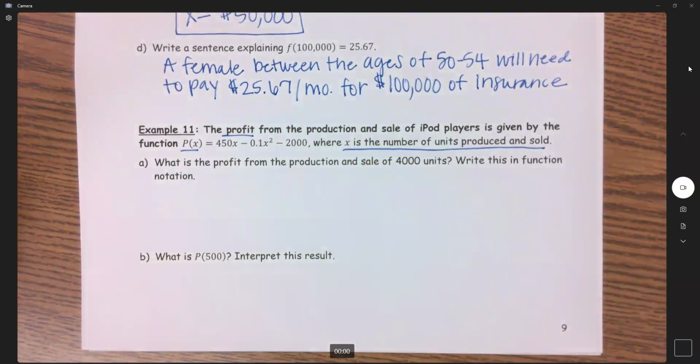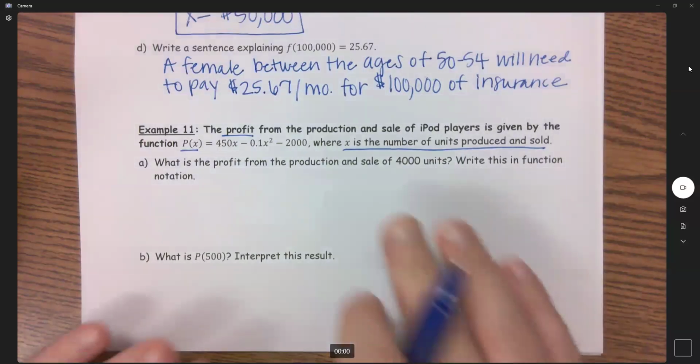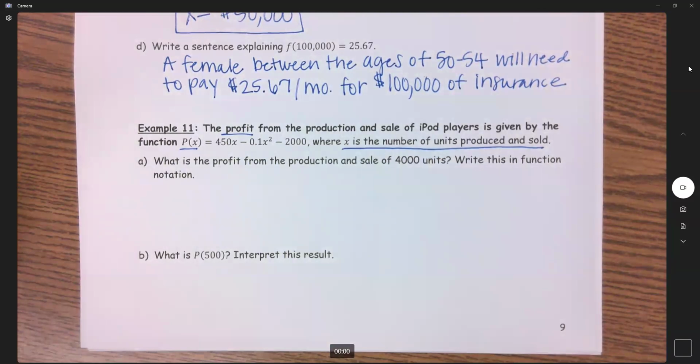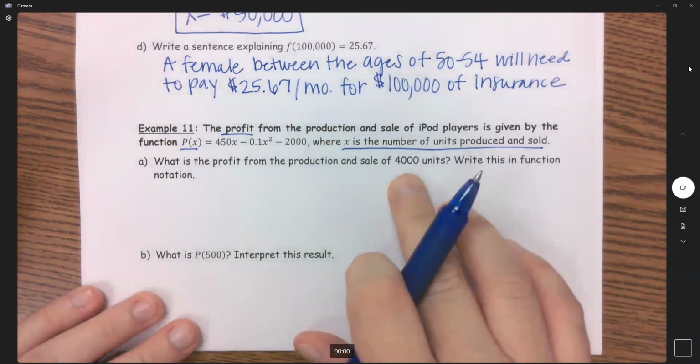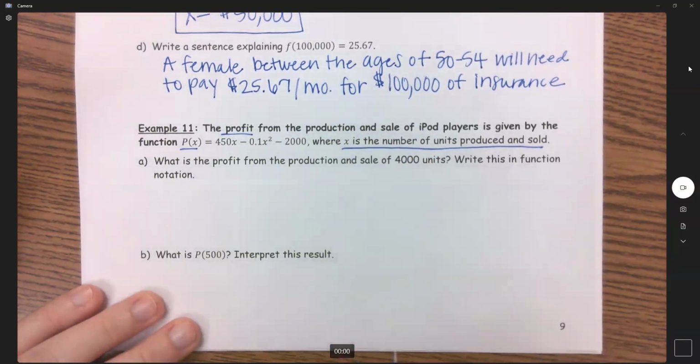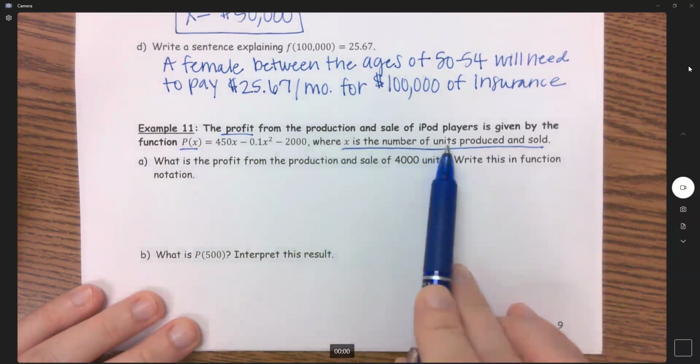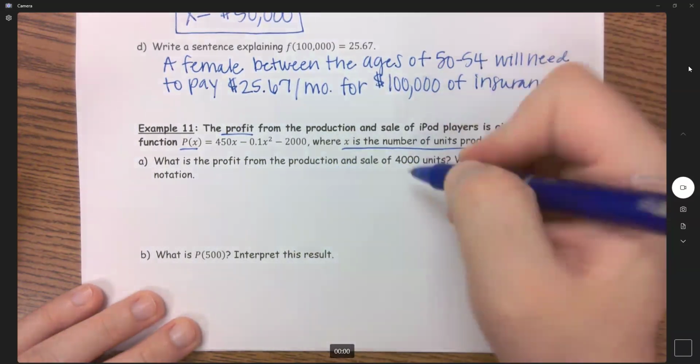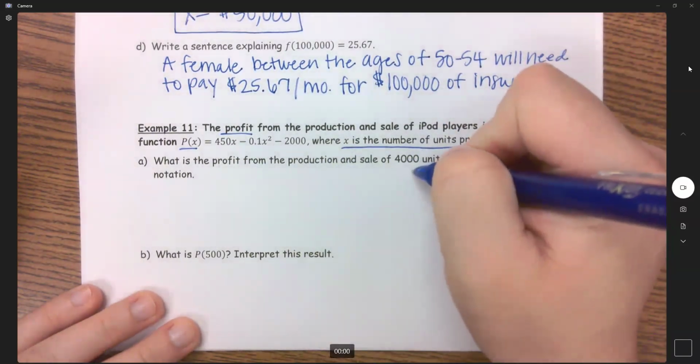Part A: what is the profit from the production and sale of 3,000 units? Write this in function notation. Half of this class is whatever number they are giving: does this represent my x or my y? It tells me right here, x is the number of units produced and sold, so this is talking about my x.